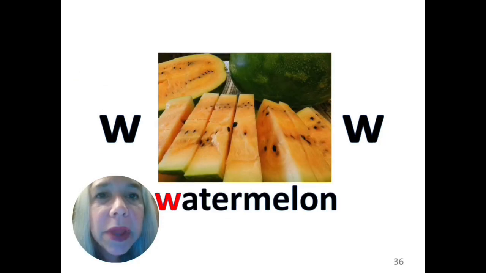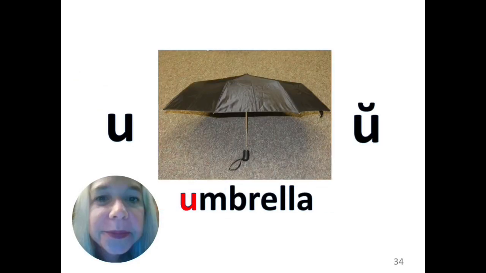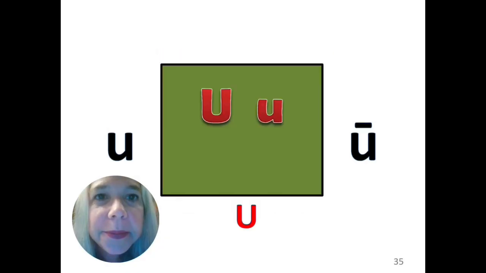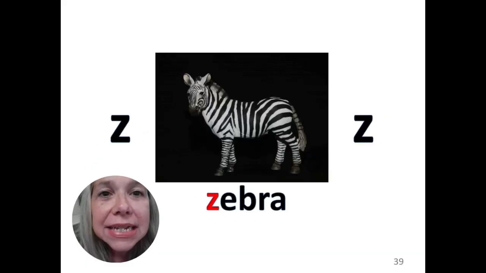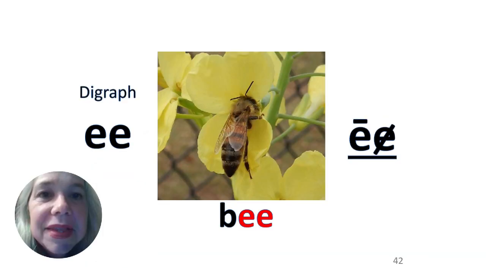W, watermelon, w. U, umbrella, u. X, six, x. Z, zebra, z. Digraph EE, ee.